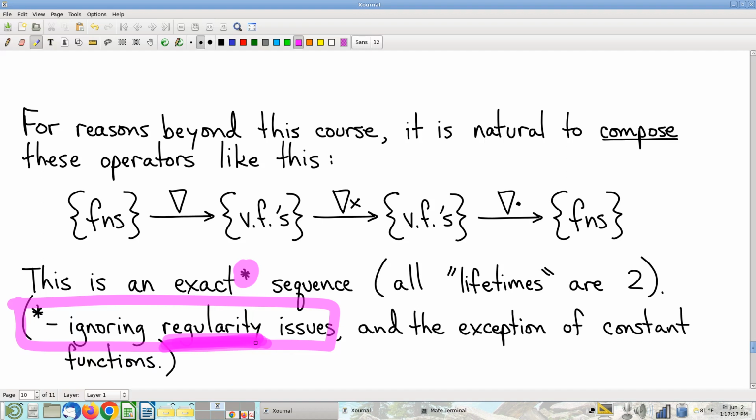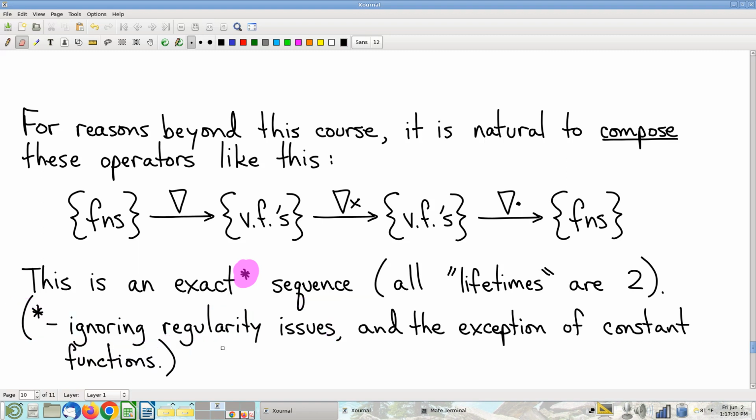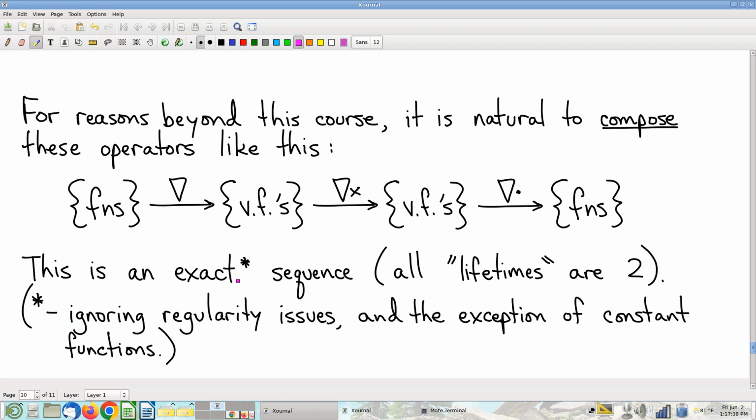So I'm going to assume that everything in sight is smooth, infinitely differentiable, no regularity problems of any sort. But anyway, with that said, I recognize that I'm asking y'all to trust a lot here, and nothing that I'm putting on the page is rigorous.